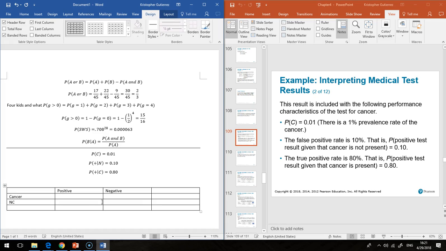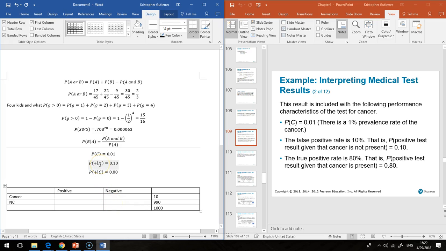So let's say we have a total of 1,000 people. Then the number of people who have cancer is 0.01 of that, so 10 people have cancer. The number of people who don't is 990. That's just 1,000 minus 10.